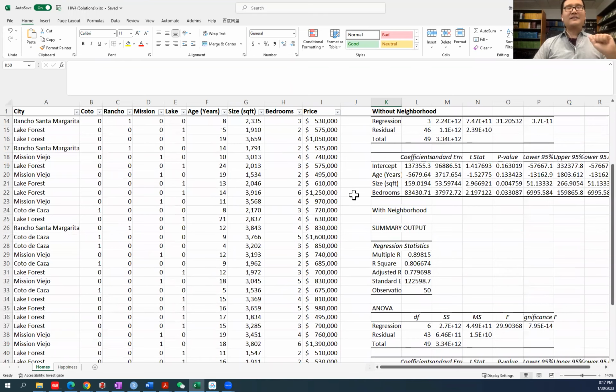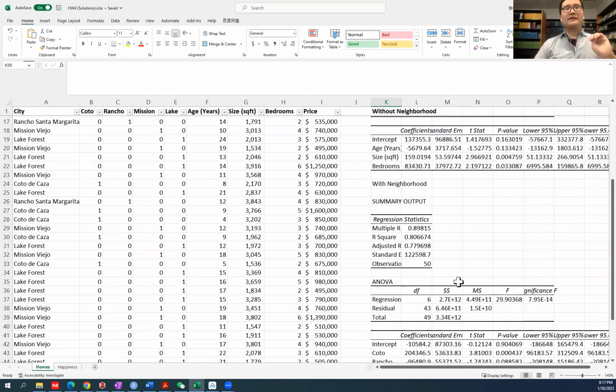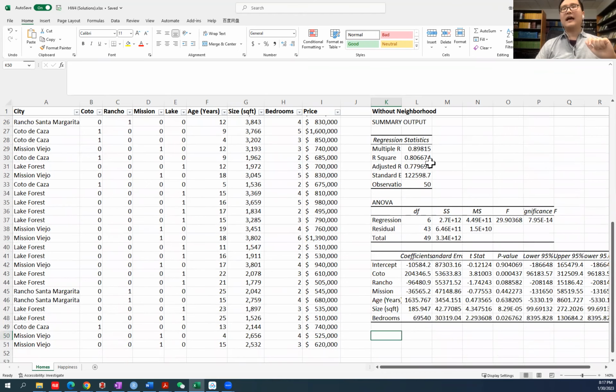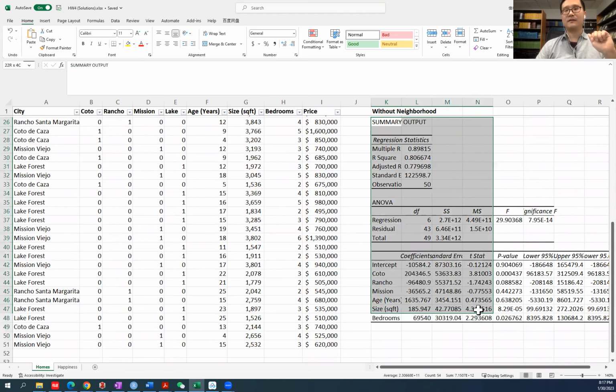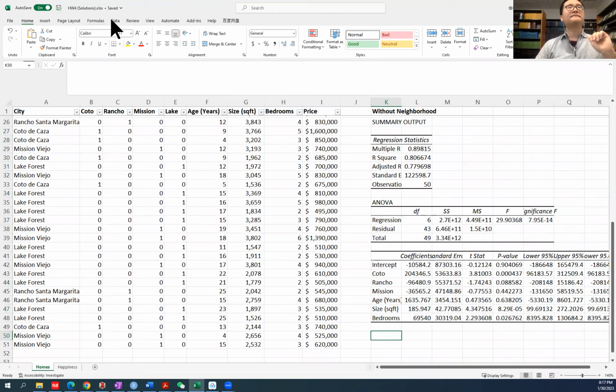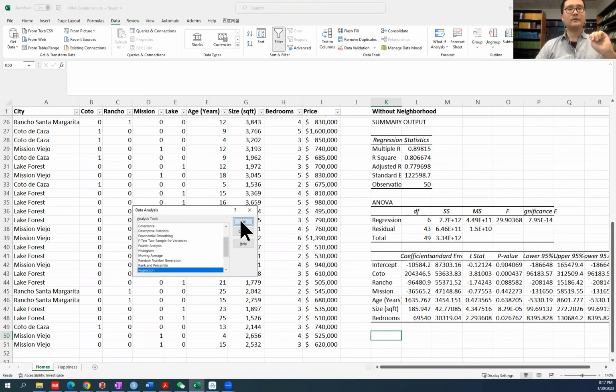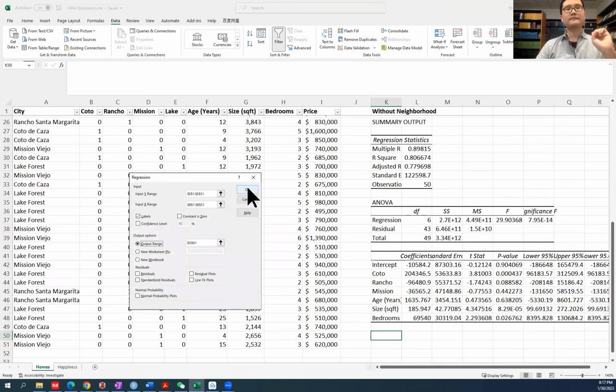Okay. Now let's build another model where Coco de Casa is used as the reference group, and see how it differs from the regression model output I already have here, which uses the city of Lake Forest as the reference group. To build a regression model, as we did multiple times, we go to regression.